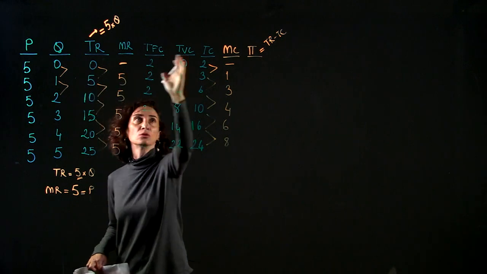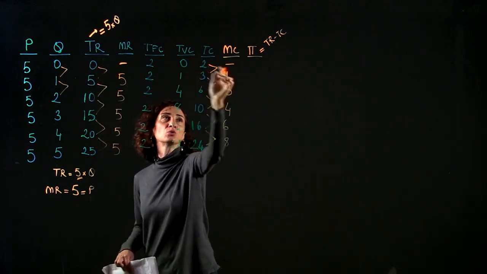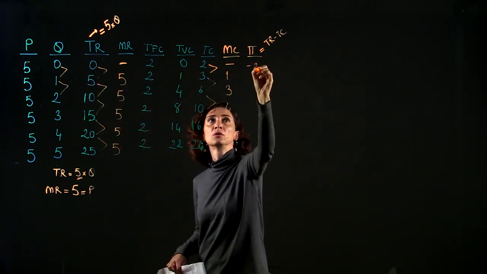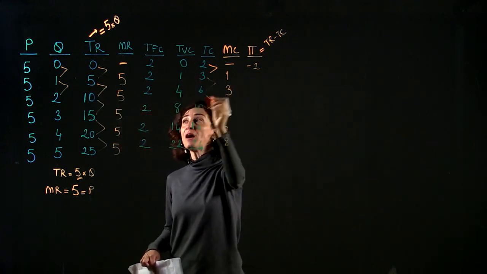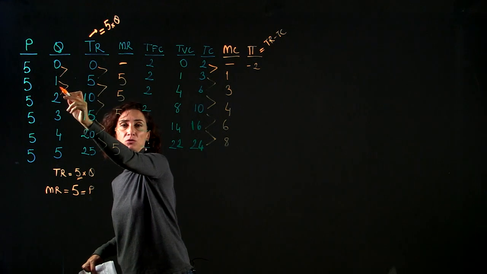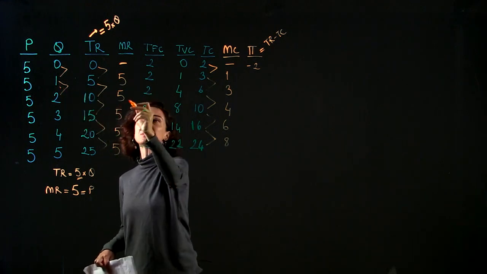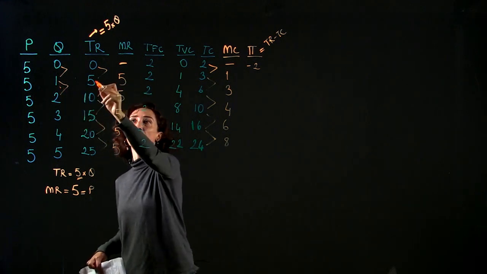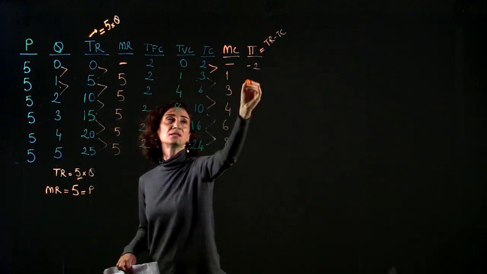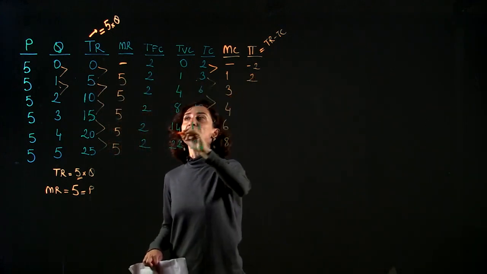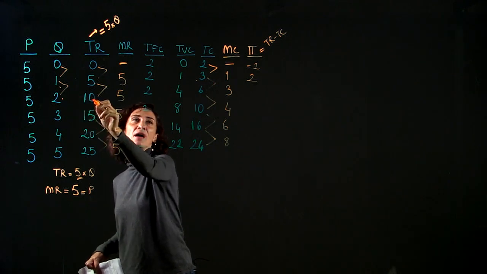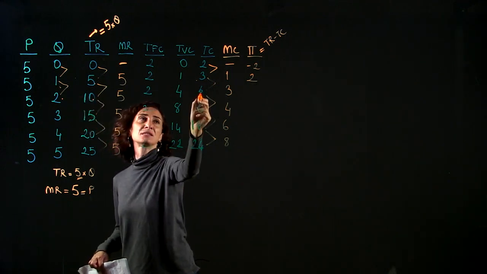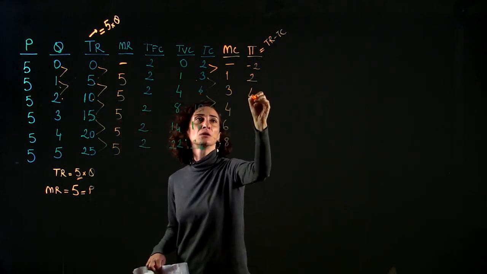So I can write profit by looking at total revenue minus total cost. So these two columns, okay? 0 minus 2, minus 2. 5 minus 3. So if I produce this first output, what is my profit? 5 minus 3 is 2. If I produce this output, what is my profit? 10 minus 6 is 4.